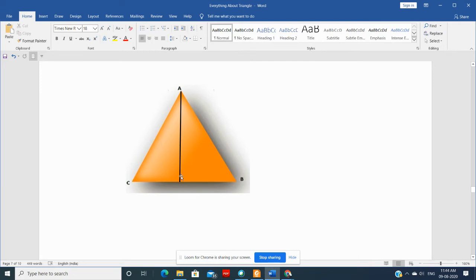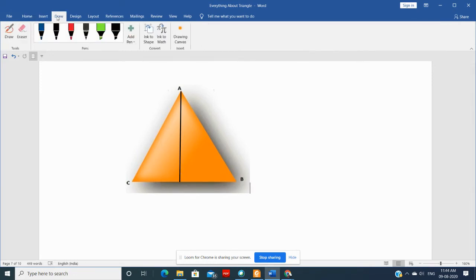This line is joining CB exactly at 90 degrees. When any line is joining another line exactly at 90 degrees, it is called perpendicular. So this line, which we can name AD, is perpendicular to CB.